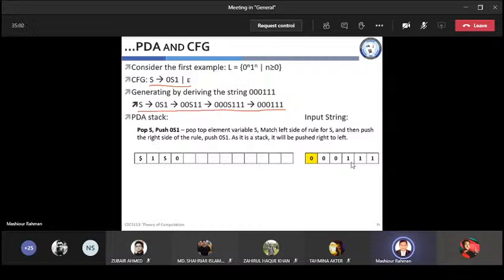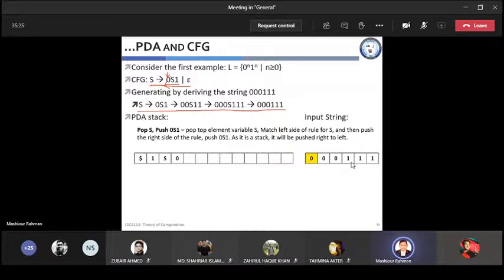0S1. That means we are pushing first 1, then S, then 0. See, it is in the reverse order. Instead of pushing it left to right, that is 0S1, we are pushing it right to left. And the reason is very simple.